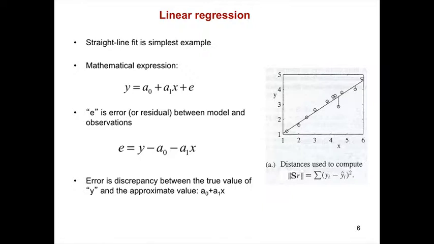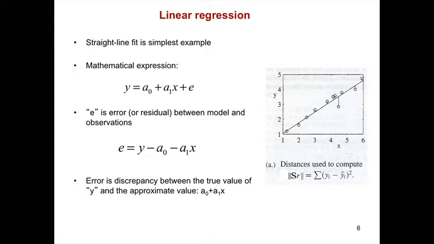My measurements I refer to as xi, yi, so this is x1, y1, x2, y2, x3, y3, x4, y4, and so forth. And I'd like to minimize the error at each point.